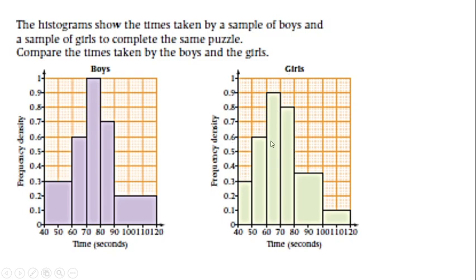You can also say that this data is skewed more towards the left, because a symmetrical one should form at least some sort of isosceles triangle. This one forms more towards being symmetrical, and so you would say here that the girls' data is more positively skewed, which also means it's skewed towards the lower values, again implying on average girls complete the puzzles quicker than boys.